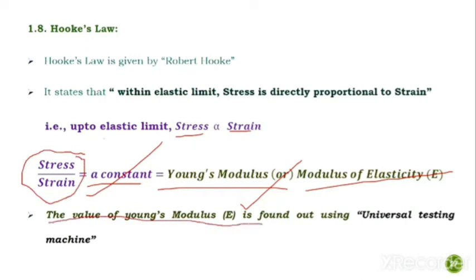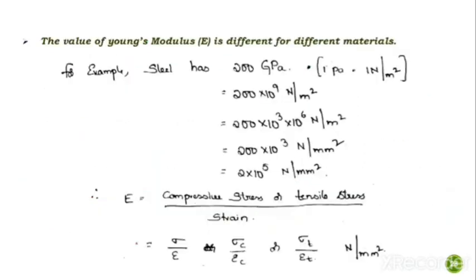As you see here, the Young's modulus is found using universal testing machine. Of course, there are different ways of measuring the Young's modulus of a material. One of the instruments that we can use in order to find this is universal testing machine. So the Young's modulus is going to be different for different materials.